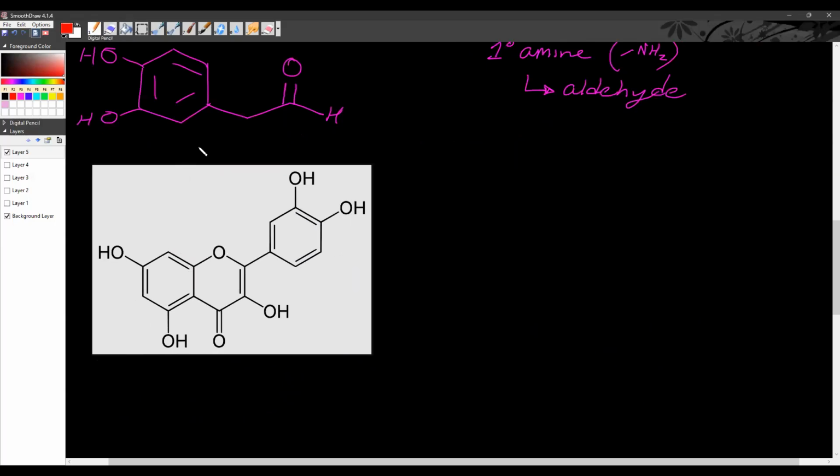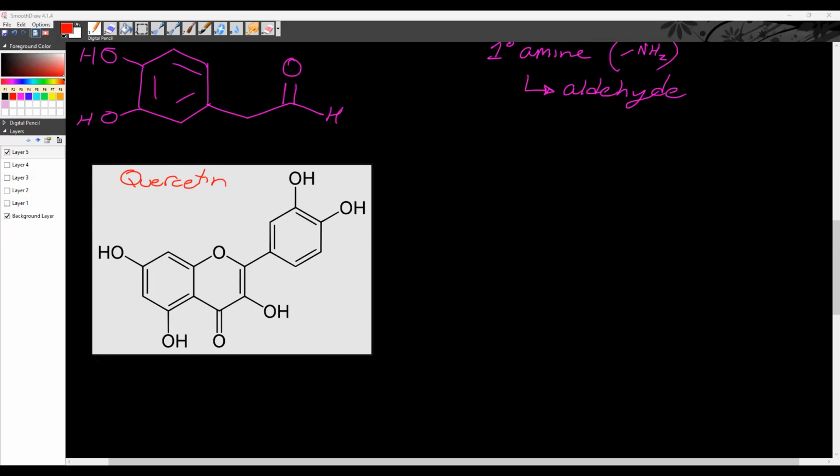All right. Here we have the drug quercetin. And what I want you to tell me is what are all the valid metabolic pathways?